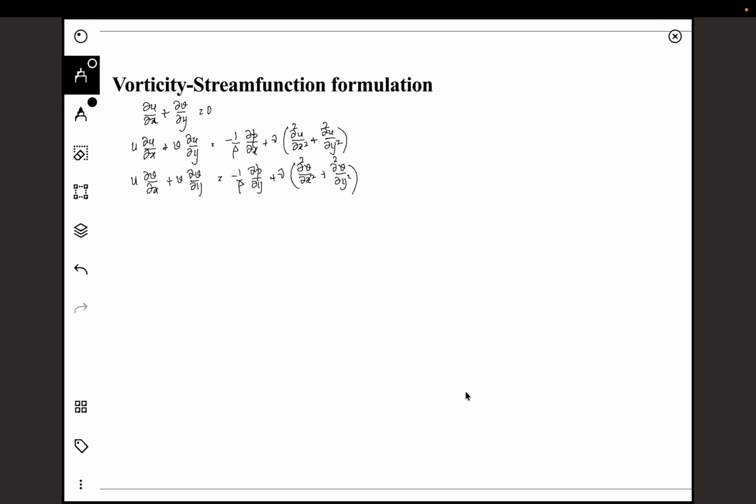So with these three equations, I have three unknowns, u, v, p. What we do in vorticity stream function formulation is try to reduce the number of equations by reducing the number of variables. So we made certain assumptions. We defined two other variables, psi and omega, where psi is the stream function such that your u will be given by psi y and v is given by minus psi x.